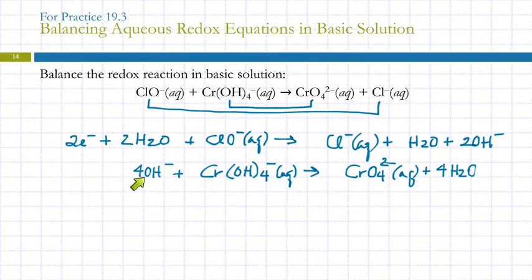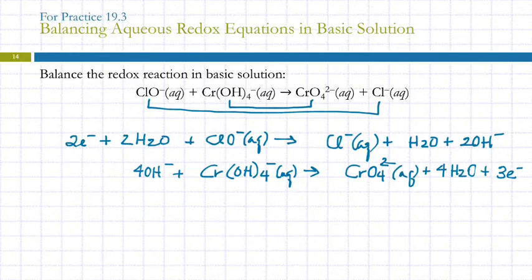I've got 4 negatives here and another negative, so a total of -5. And over here I have -2. So I need to add 3 electrons over here. You should always end up with electrons on the reactant side for one half reaction and in the product side for the other. If that's not happening, something else is wrong.